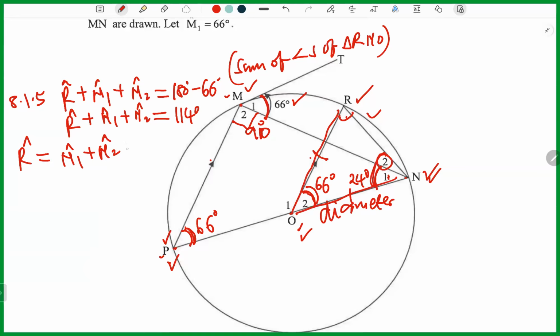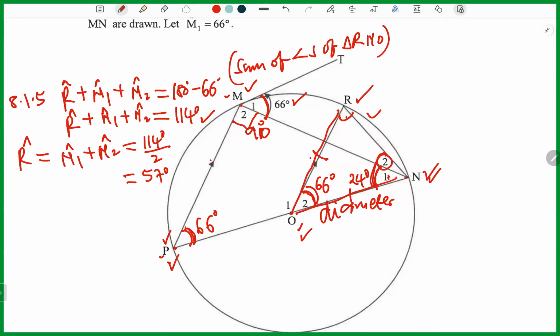So in other words, these angles are equal, and if they're equal, we can therefore say it is 114 divided by 2 because their sum is 114. And 114 divided by 2 is 57 degrees.